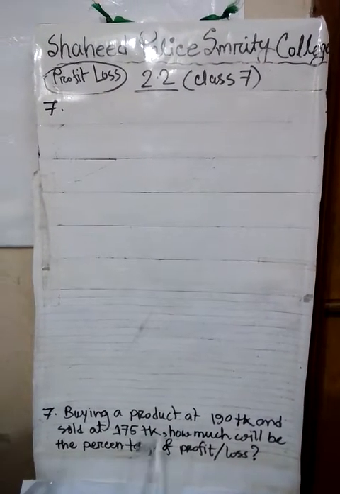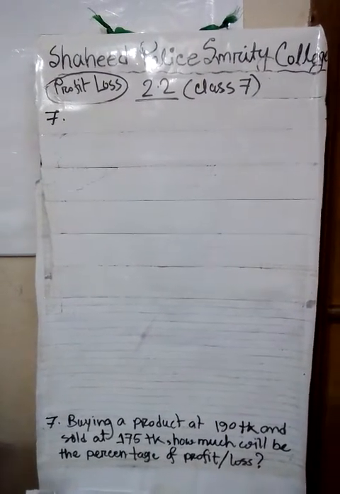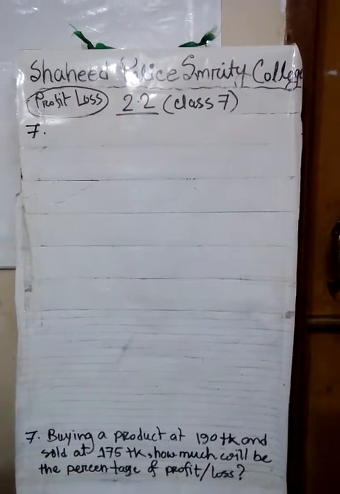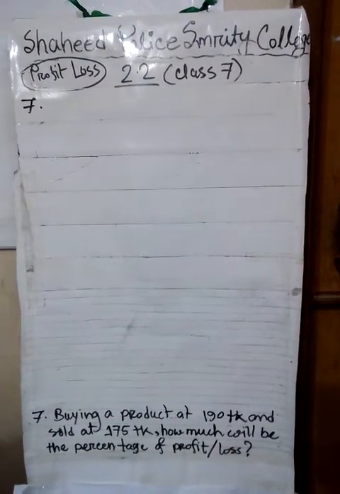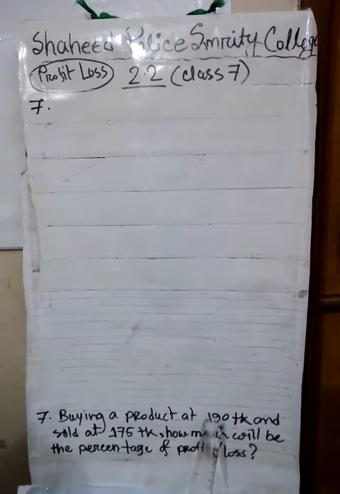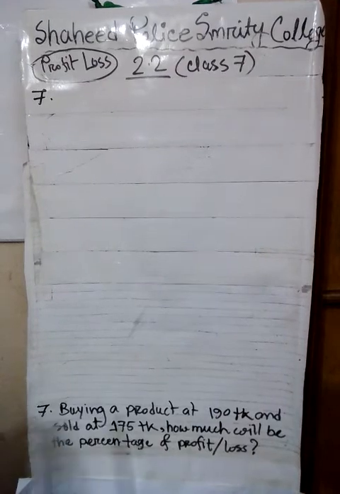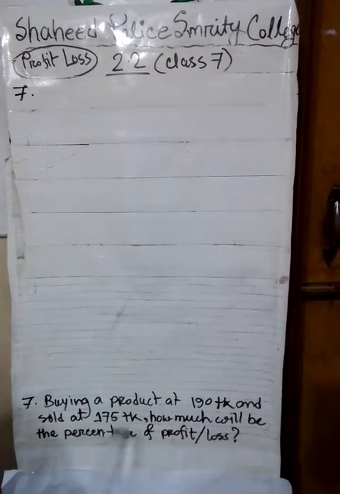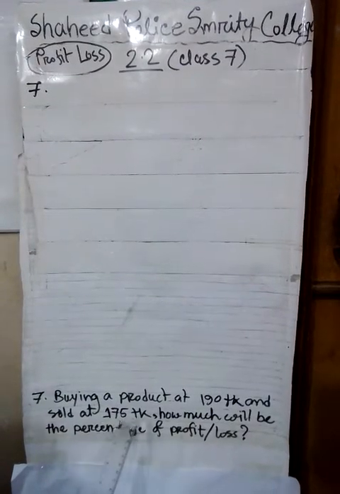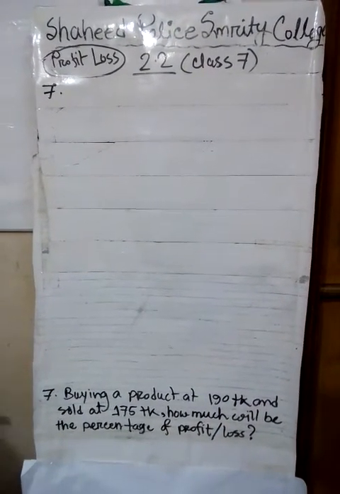Question 7. Buying a product at 190 taka and selling at 175 taka. So what will be the percentage of profit or loss? Here we can see that cost price equals 190 taka and selling price equals 175 taka. Cost price is more than selling price, so here the phenomenon is loss.